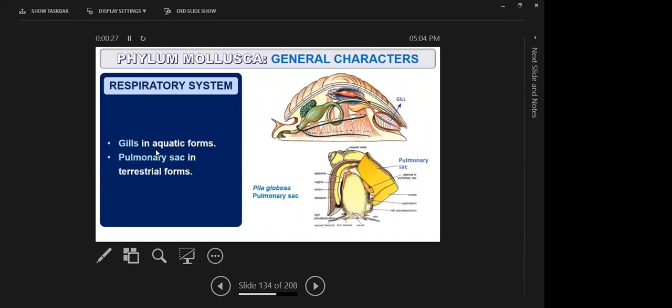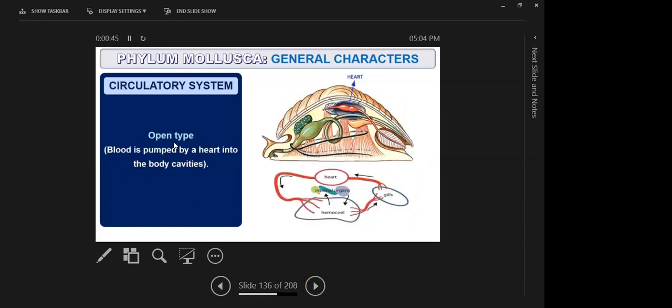The aquatic forms, most of them, have gills, and pulmonary sacs in the terrestrial forms. Pulmonary means lungs, but they are not having true lungs, just a small sac-like structure in the terrestrial forms. Then open type of blood circulation, that is blood is pumped by the heart into the body cavity, so that kind of circulation is open type.